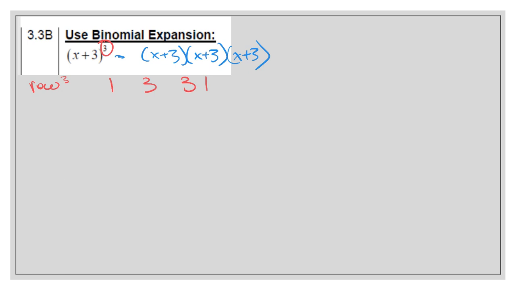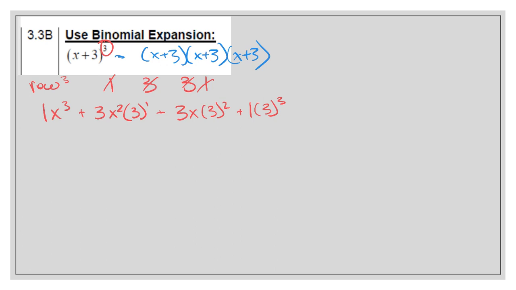So our first term will be 1x cubed. Our next one will be 3x squared, 3 to the 1, okay? Our next one will be another 3, the coefficient. So we've done 1, we've done 3, we've done the second 3. X to the 1, times 3 squared. And our last one will be 1, there's no x, it's x to the 0, times 3 cubed.